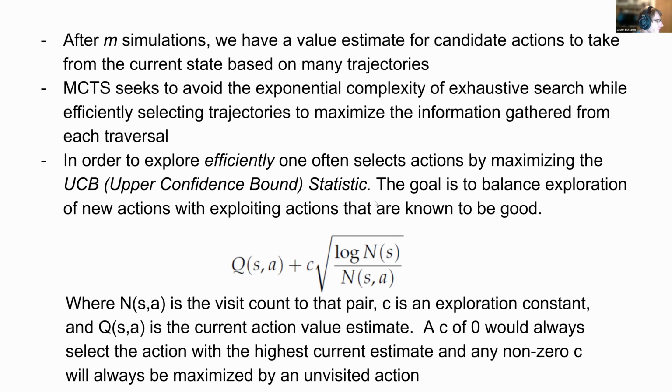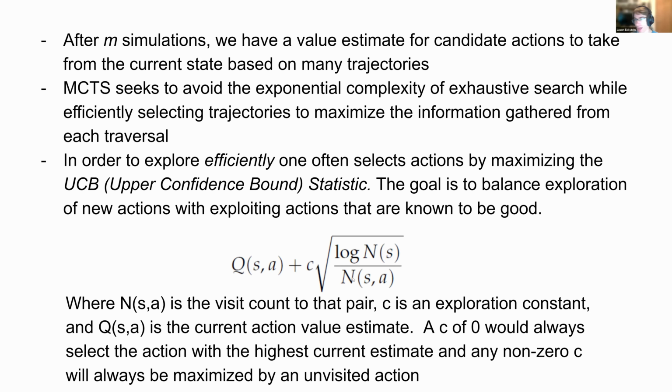So this is the upper confidence bound statistic that's used in MCTS. Q(s,a) represents the value in the tree of what we think this state-action pair is. And to this, we're going to add this term.